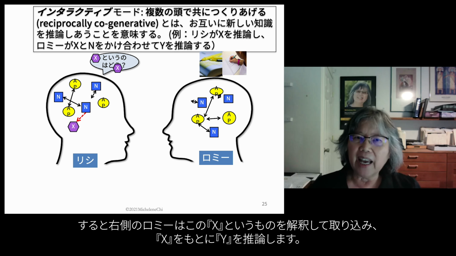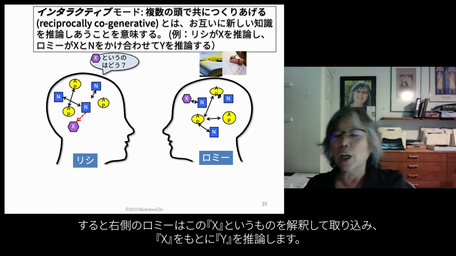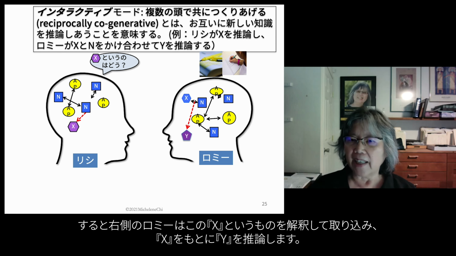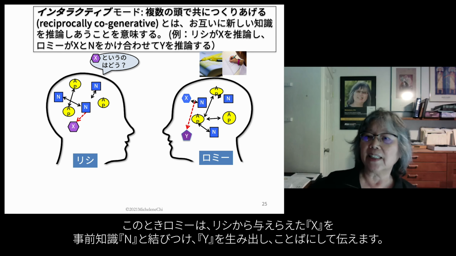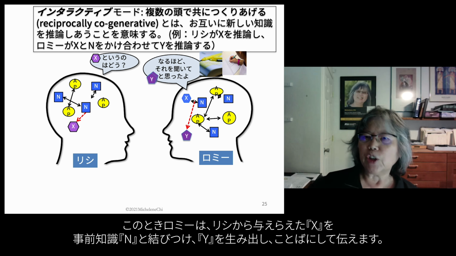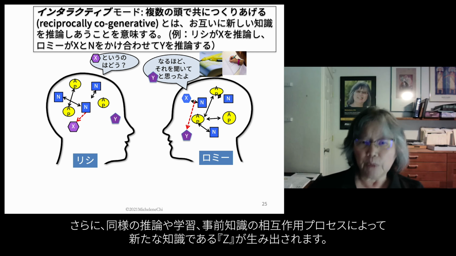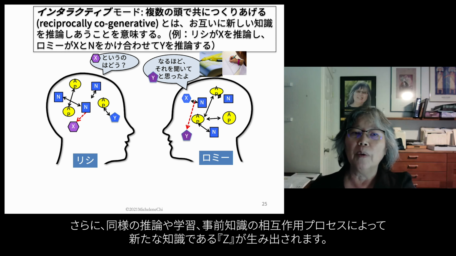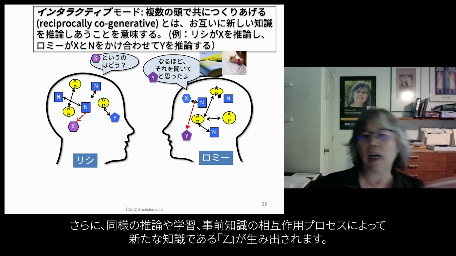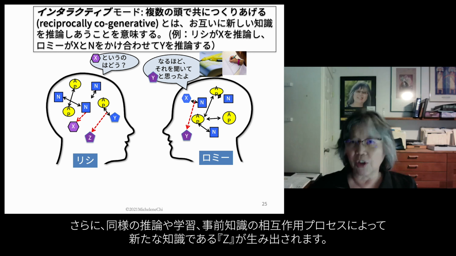So Romy now can encode the X and build on the X by inferring Y. So Romy's connecting the X with her prior knowledge N and generating Y. And articulates it. After she articulates Y, Rishi can encode the Y, and along with some prior knowledge, the yellow knowledge that's activated, create another piece of knowledge, Z.